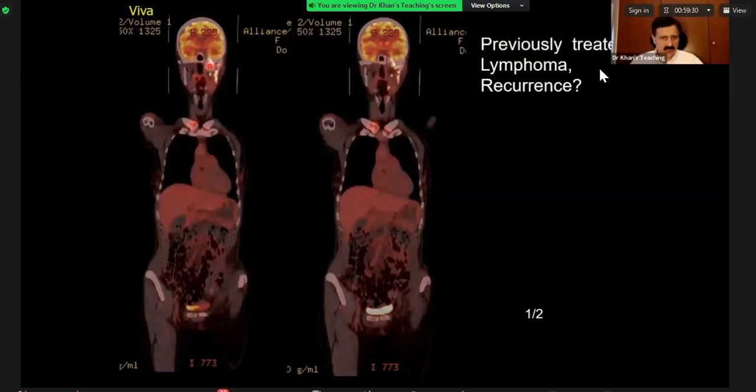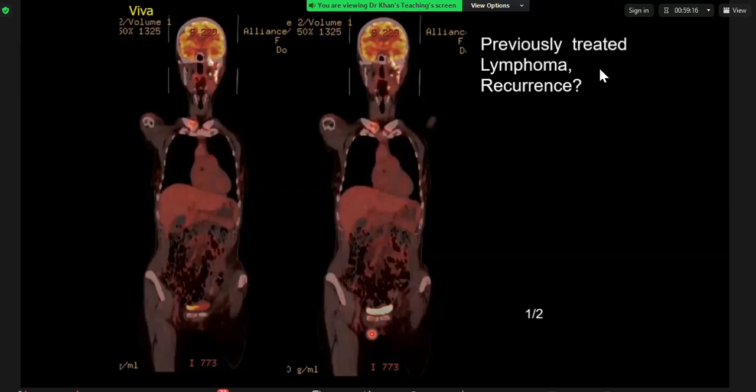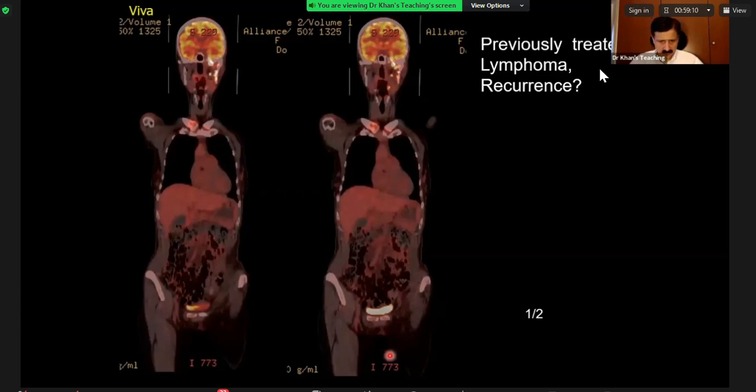So anatomy-wise, what is happening? Excuse me, because of time factor, I'll ask you a question. What do you think is happening where I'm pointing out? Yes, it seems like there's increased uptake on the bone, the skull base bone. What would you like to do to evaluate it further? So a CT head.